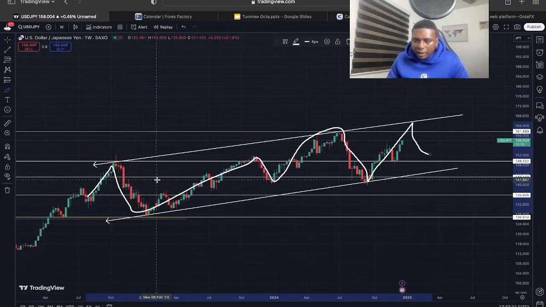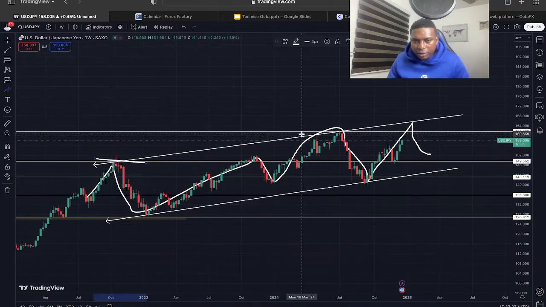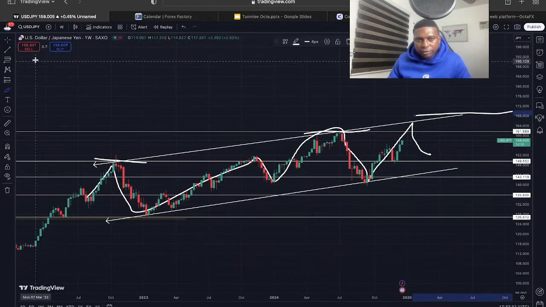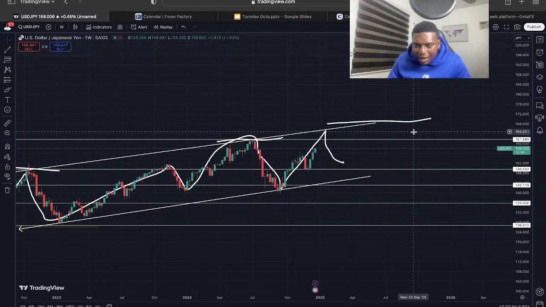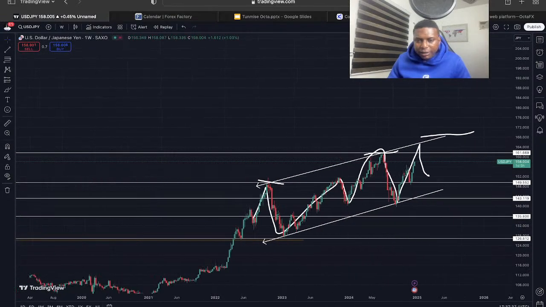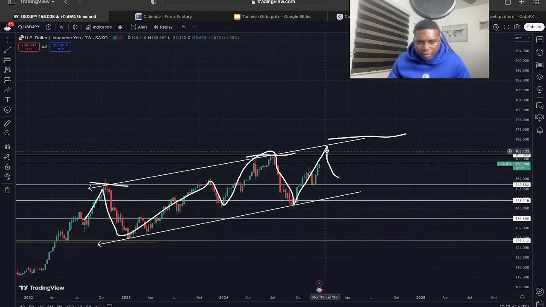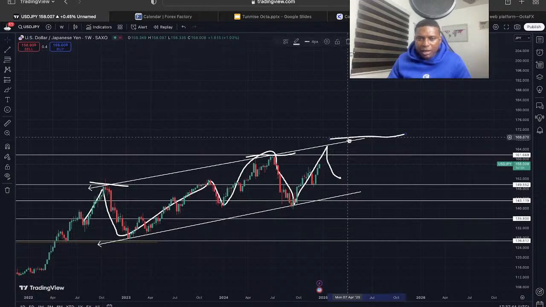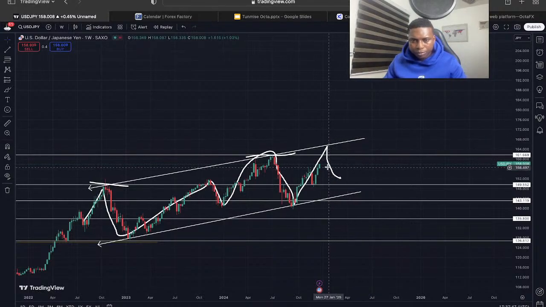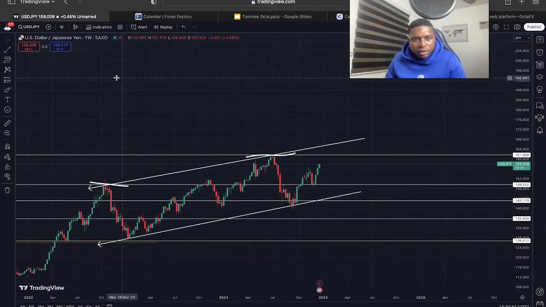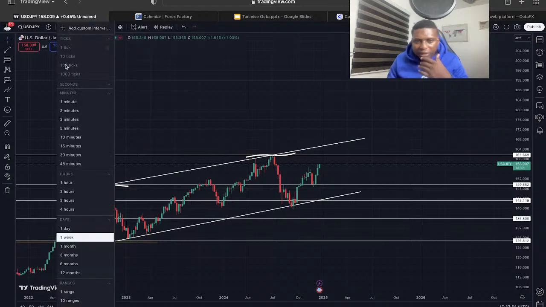Because you definitely see that it's created a higher high, so we're expecting a new higher high here. So a high that is higher than the previous high. That's what we are expecting. So USD JPY is bullish. Let's go down to the daily time frame.